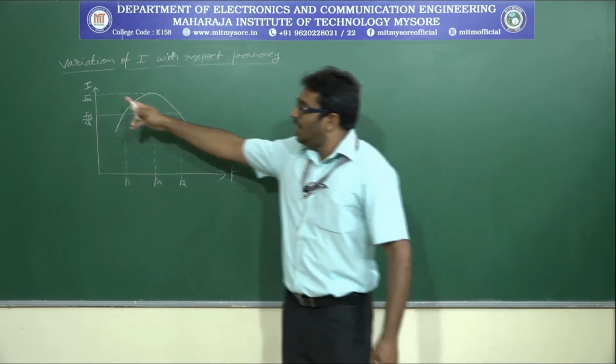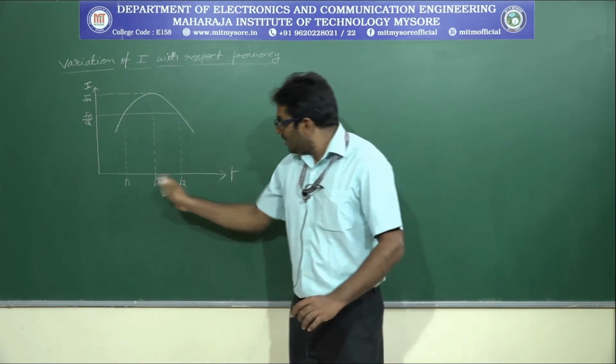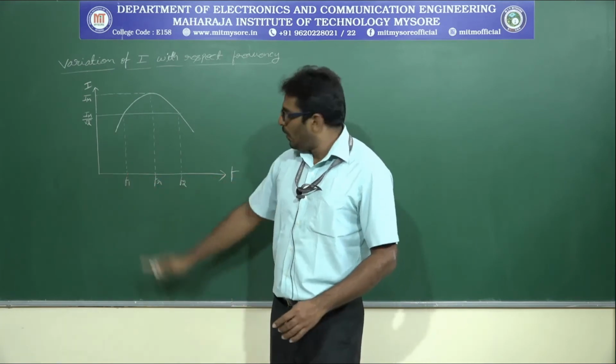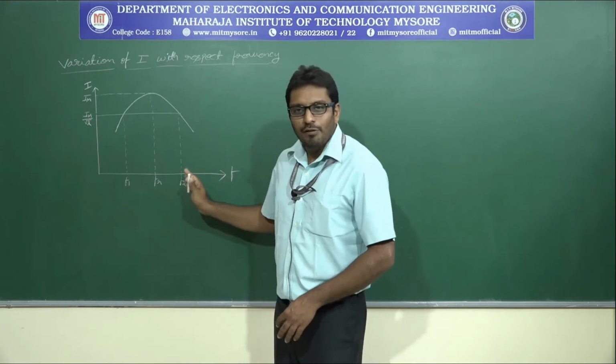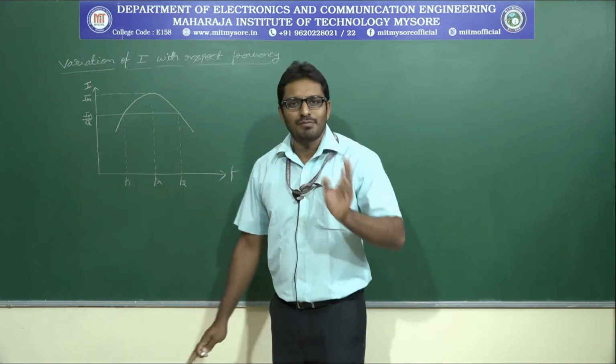This is the variation of current with respect to frequency. There are three frequencies denoted here: F1, the lower cutoff frequency, F2, the upper cutoff frequency, and at the resonant frequency the current is maximum.